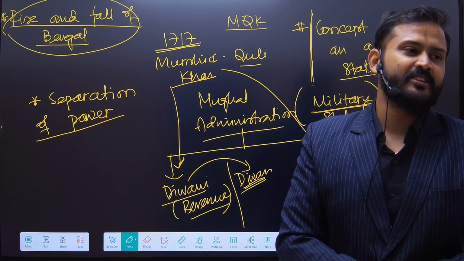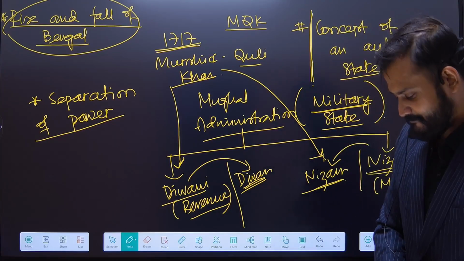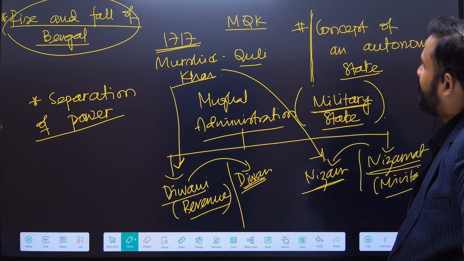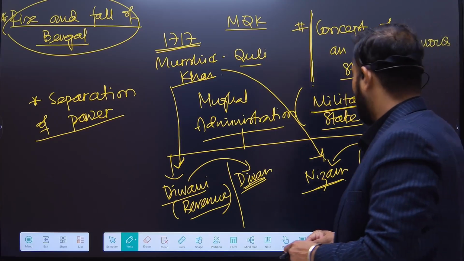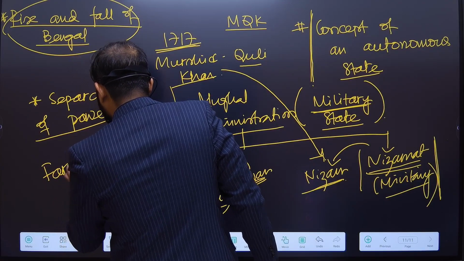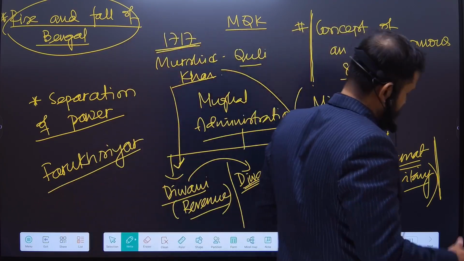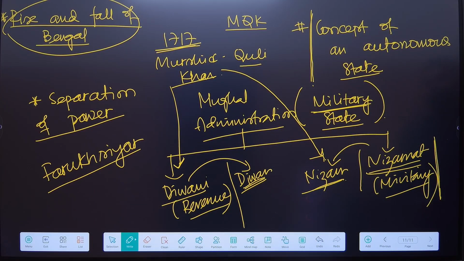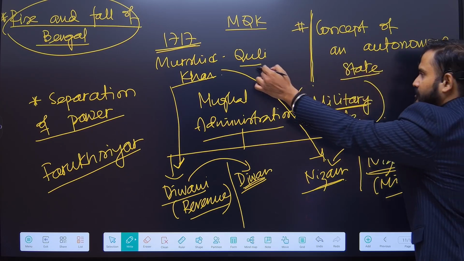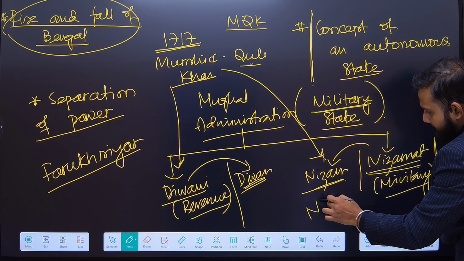In 1717, Mughal Emperor Farrukhsiyar also appointed him as the Nazim.